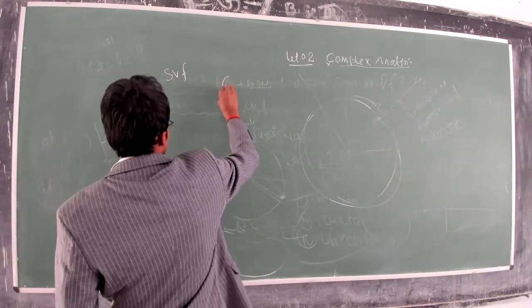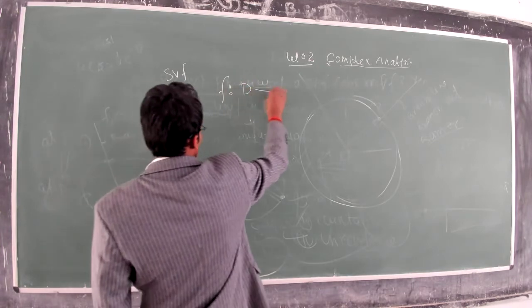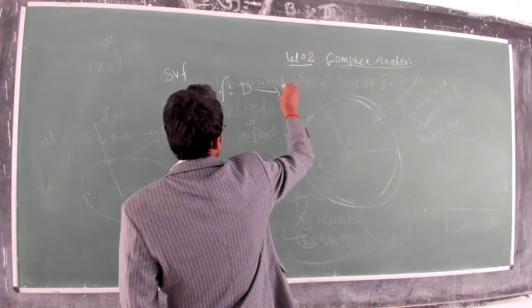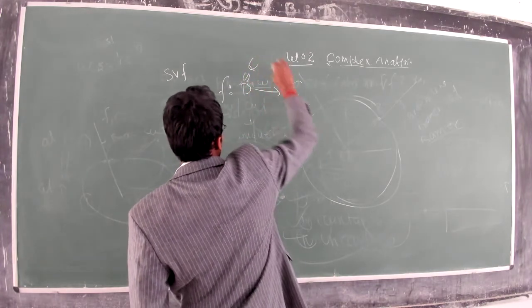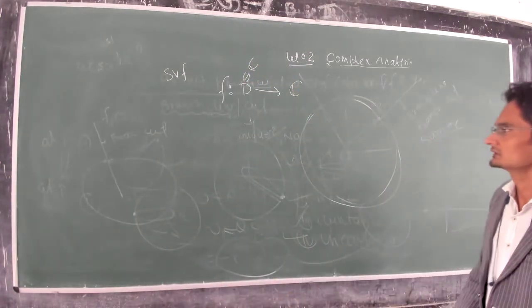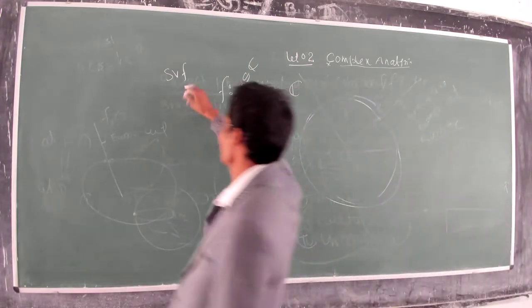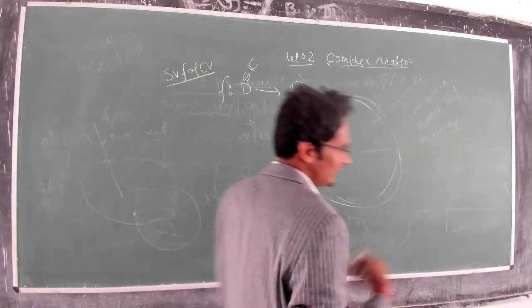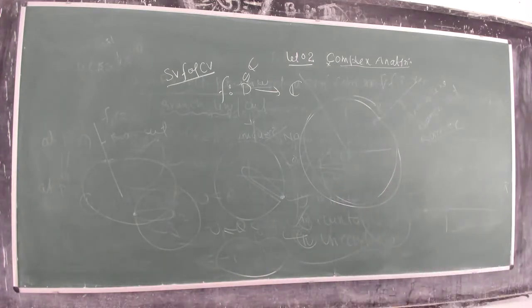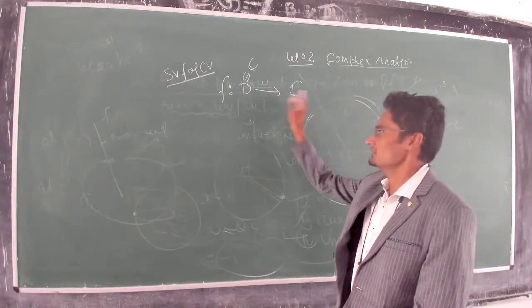So a function defined from a subset D to a subset, suppose this is defined on C, the subset of complex numbers. So we say the single value function of complex variable. Complex variable means the input will always be z, not x. Okay? So your domain will be z, f of z is equal to something.